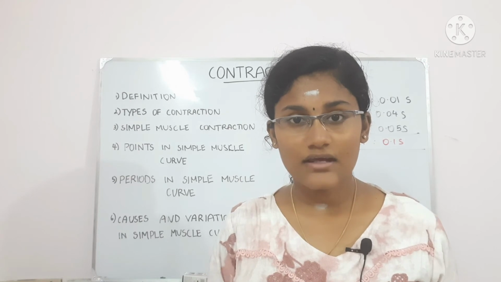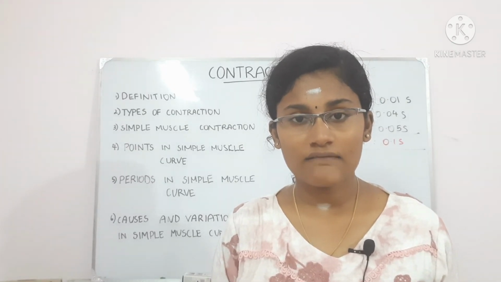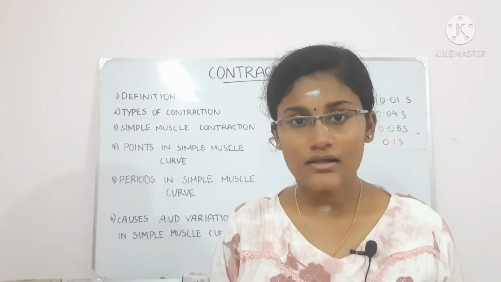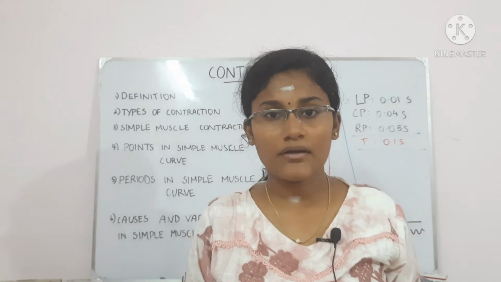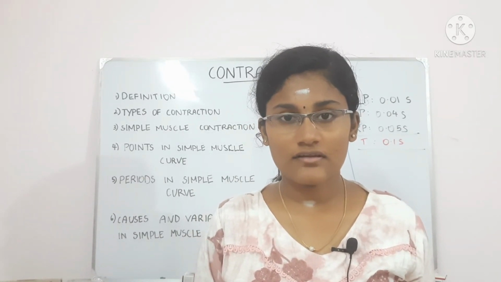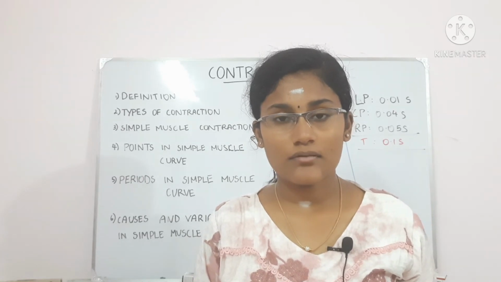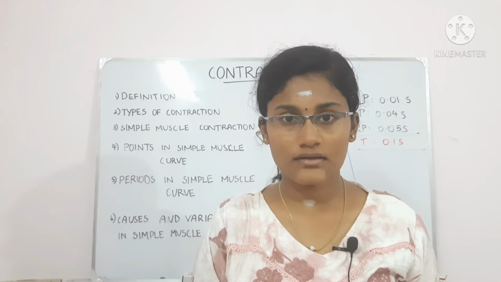Okay, so there are 5 reasons why the latent period is present. These are that the nerve impulse takes some time to travel, there may be a delay at the neuromuscular junction, there may be a delay in the onset of the chemical reactions at the initial stage, and then it may be because of the viscosity of the muscle and because of the inertia of the instruments.